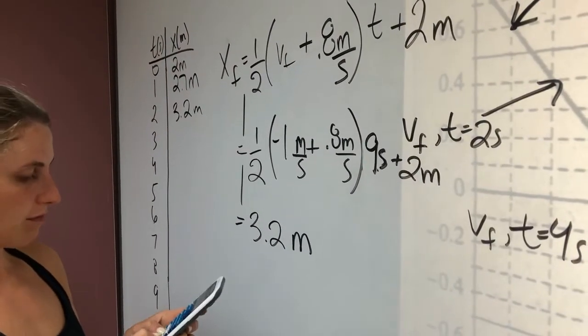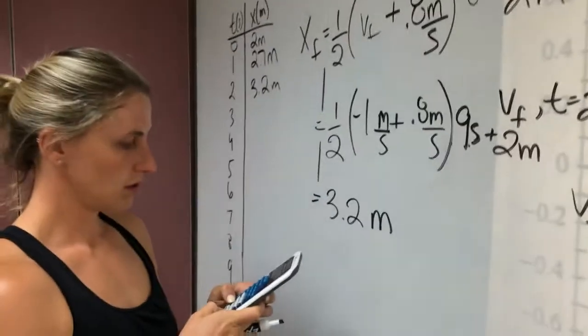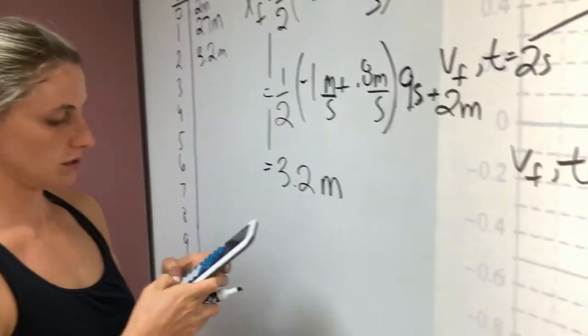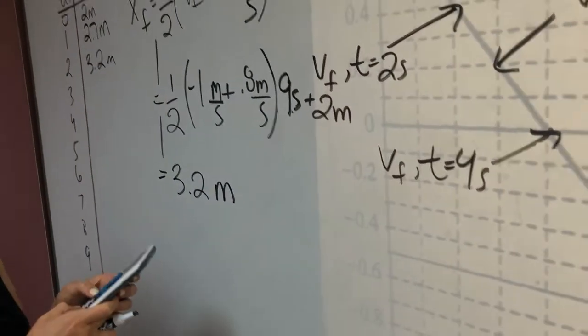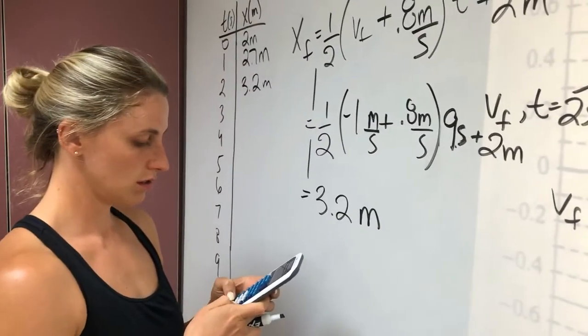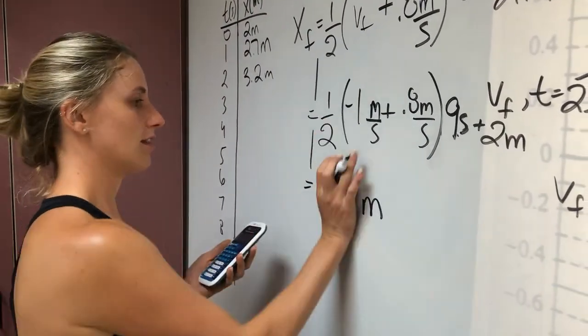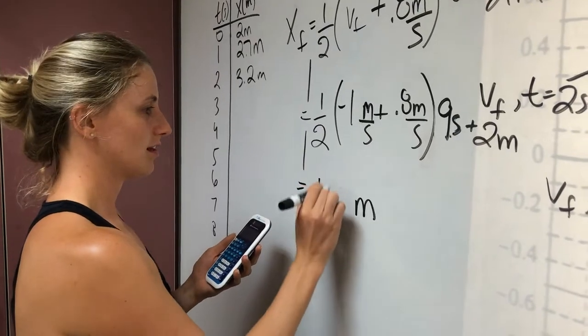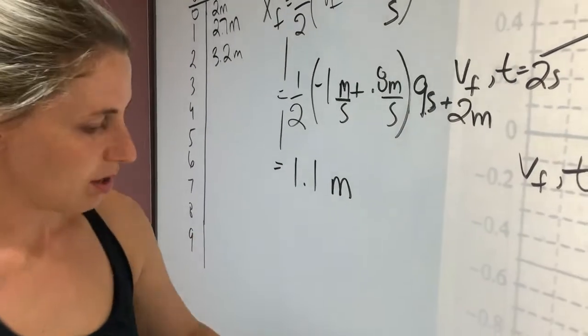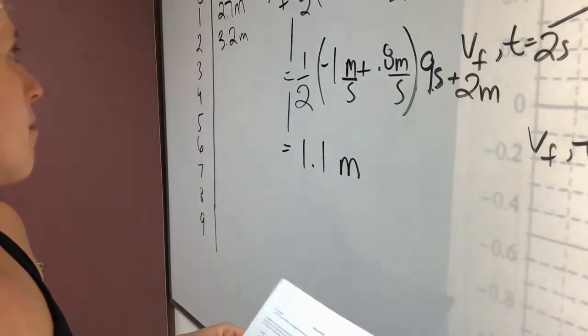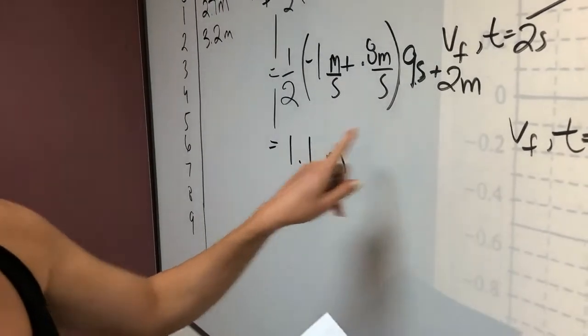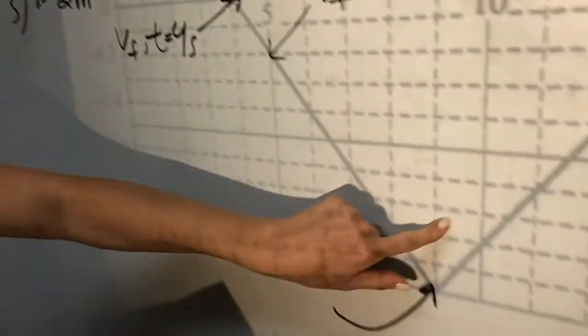So 0.5 times -1 plus 0.8 times 9 plus 2. Familiar answer. Okay, so we get 1.1 meters is our position at t equals 9, right here.